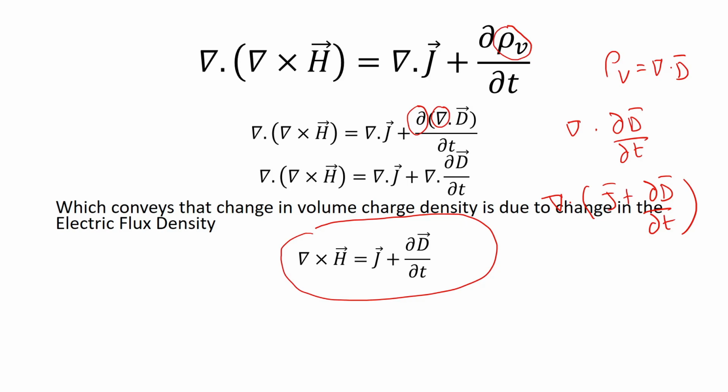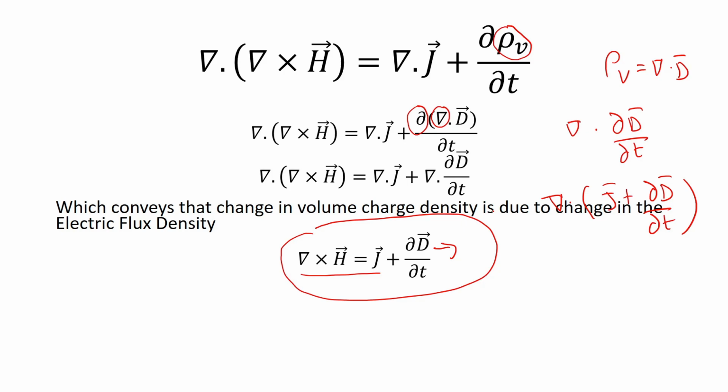One thing I would like to note is that if D bar is not time varying, if it is a static field, then dou D bar by dou t would be equal to 0 and del cross H bar is equal to J bar, and it is not violating the Ampere circuit law for static fields. But it is not applicable for time varying fields. For time varying fields, it is del cross H bar equals J bar plus dou D bar by dou t.